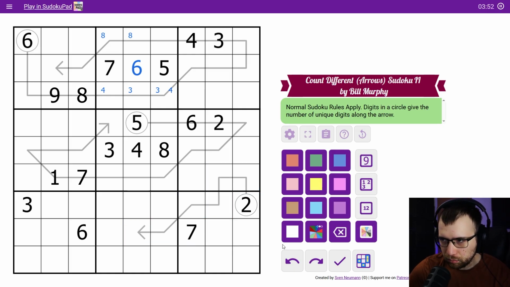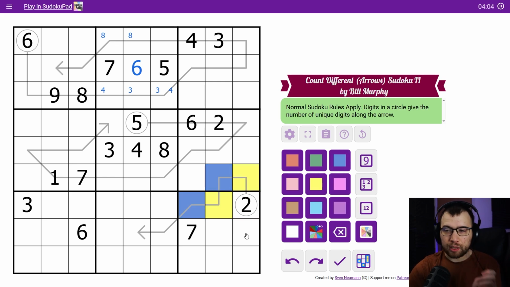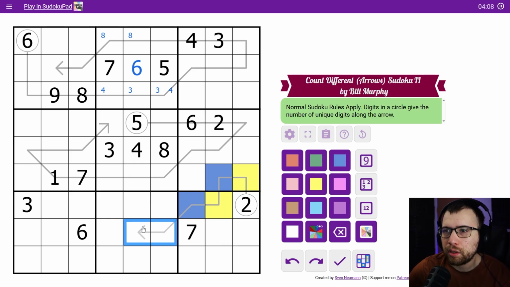So it's going to look something like, so these 2 are going to be yellow. These 2 are going to be like blue. They're going to be the same thing. And then I guess we don't know for these ones.